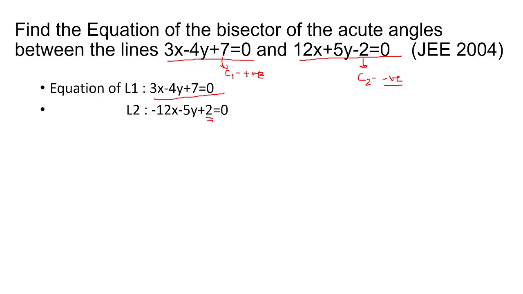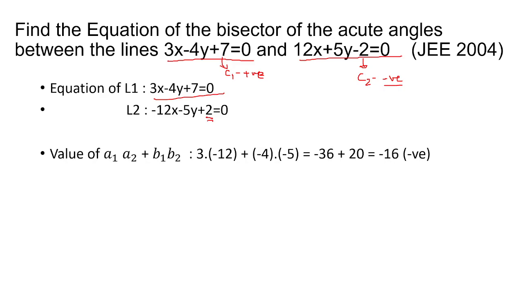Next step is we have to find out the value of a1a2 plus b1b2 from these two lines. So these are the two lines.